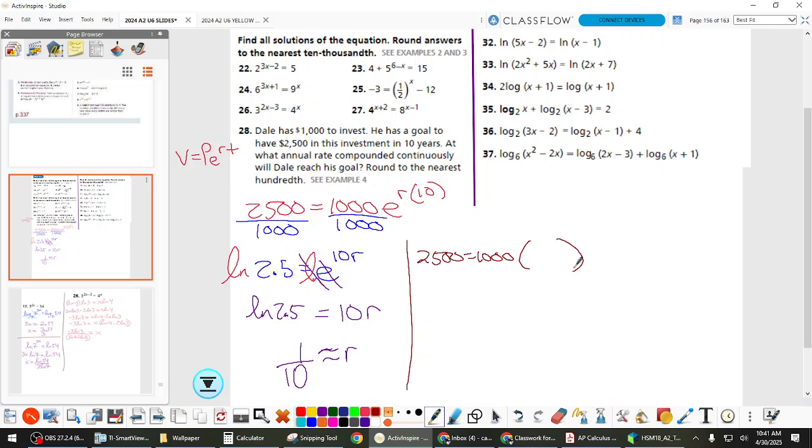One plus R over 12 to the 12 times 10. Okay? How is that a different problem than what we just did? It's not compounded continuously. Well, I know. I don't want the obvious answer.